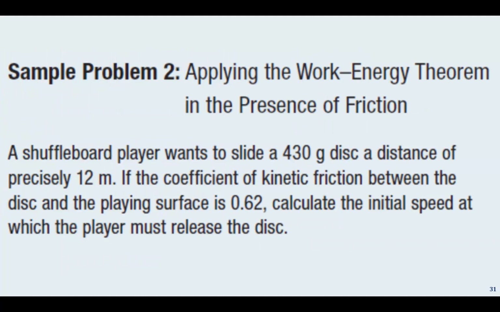A shuffleboard player wants to slide a 430-gram disc a distance of precisely 12 meters. If the coefficient of kinetic friction between the disc and the plane surface is 0.62, calculate the initial speed at which the player must release the disc. Okay, again, I'll give you 5 minutes to consider this problem by yourself.